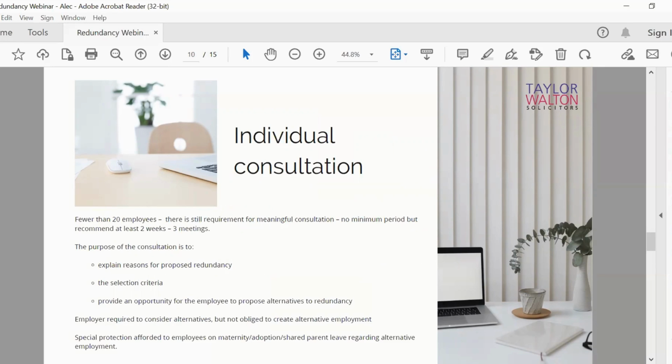Now, where there are fewer than 20 employees, there is still a requirement to have meaningful consultation.